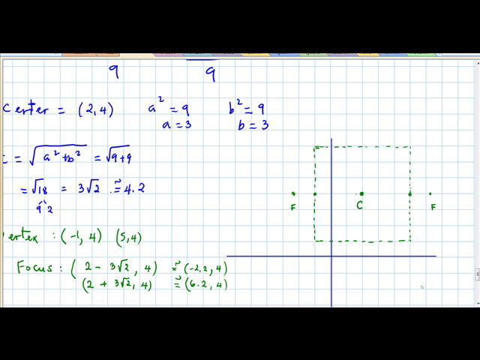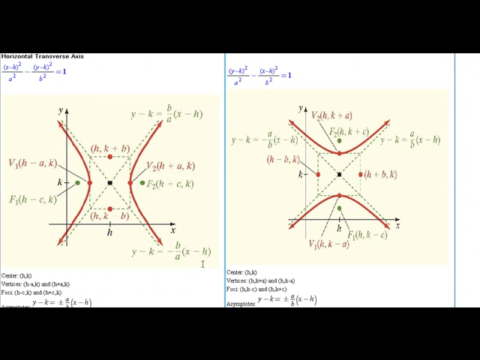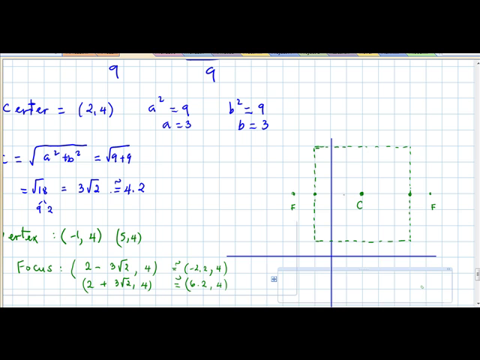We know that our asymptotes are right here, crossing through the center, the corners of the box right there. This is the equation of that. So let's draw our asymptotes.